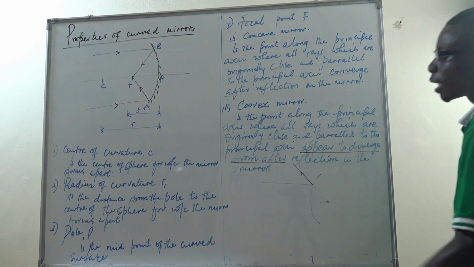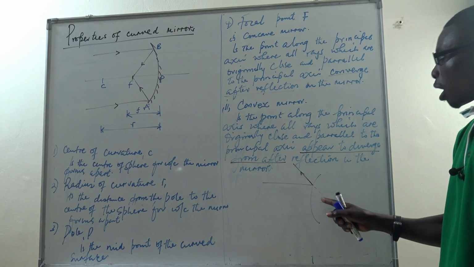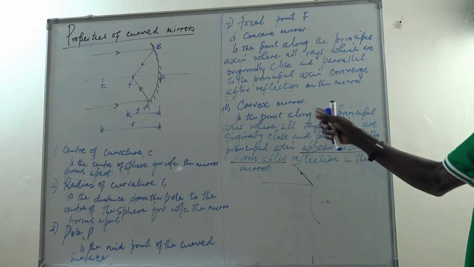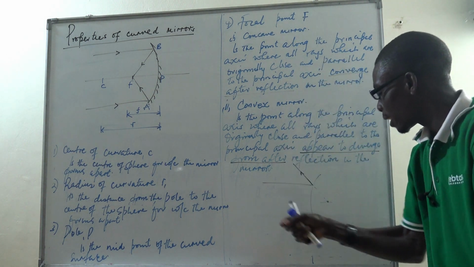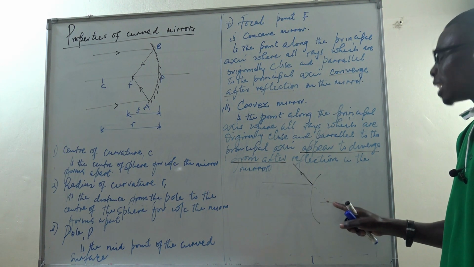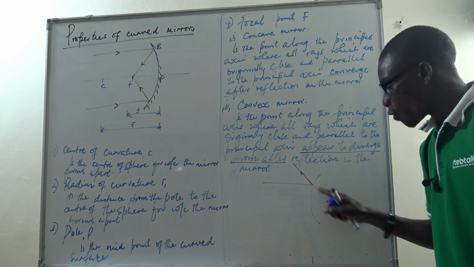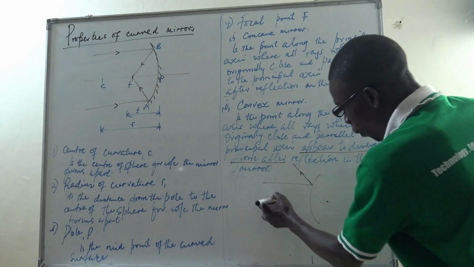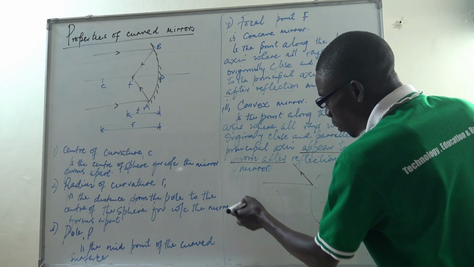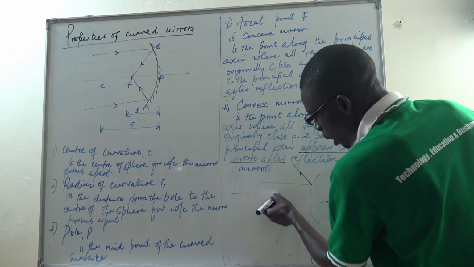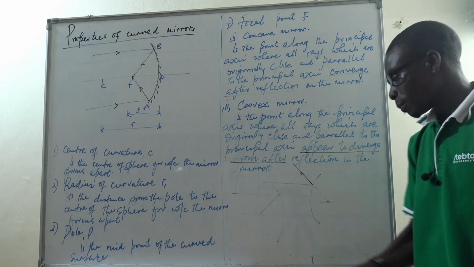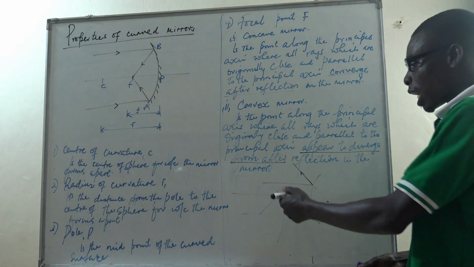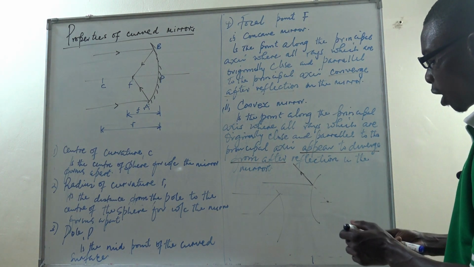The point where it is seen coming from is what we are calling the focal point. It appears like it is diverging, moving away from that point, but it is not true. But for a concave mirror, it is very true that the rays converge to that very point. Is that okay? So that is for concave mirror.